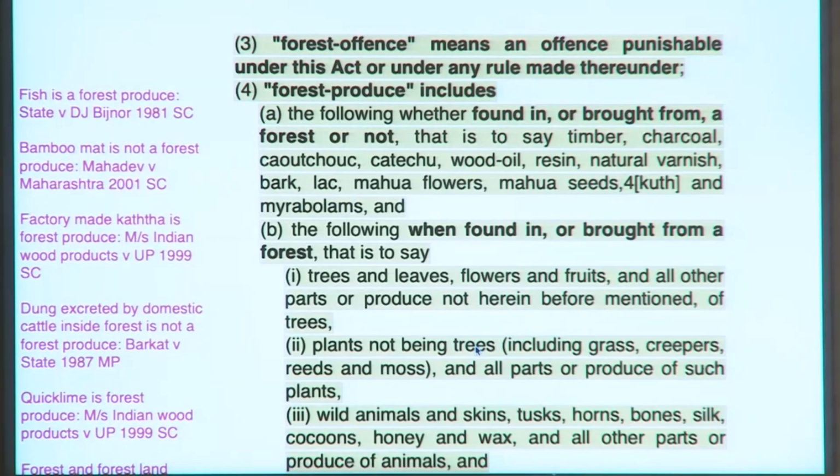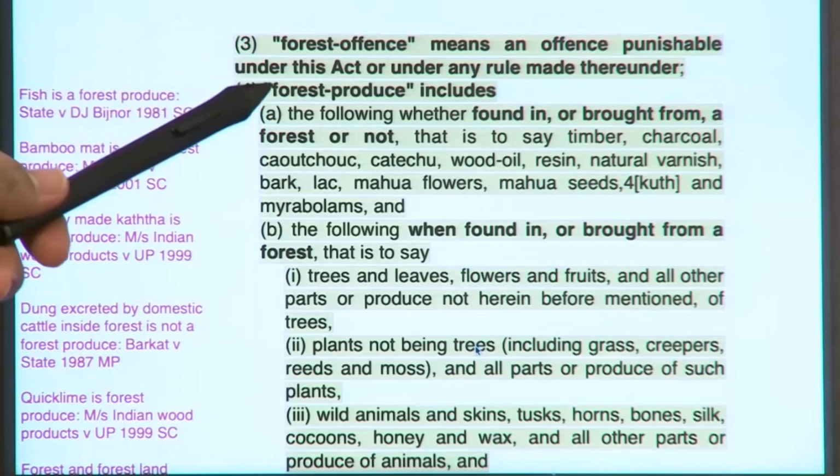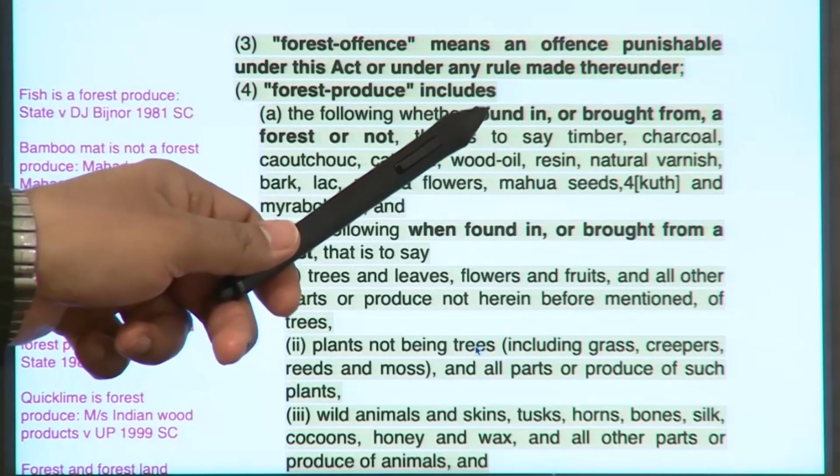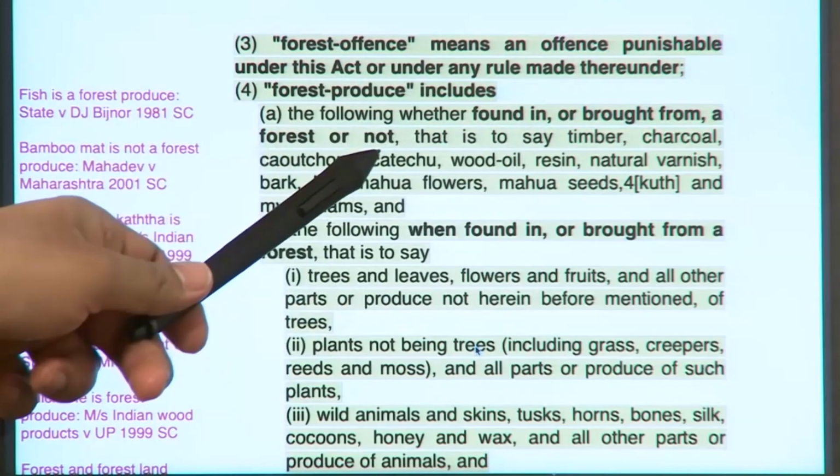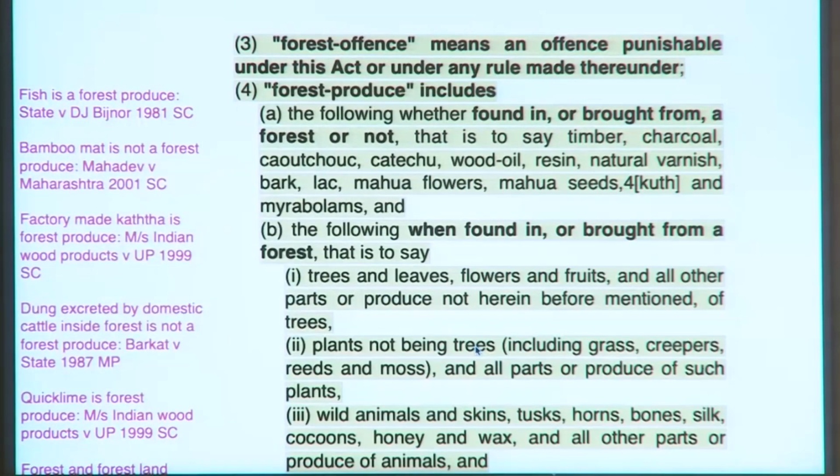What is a forest produce? So, it categorizes different categories of forest produce. The following, whether found in a forest or brought from a forest or not. So, when we say 'or not', what this act is saying is that whether these things are found in a forest or not found in the forest, whether these are brought from the forest or from any other place, if we have these items, we will call them a forest produce.